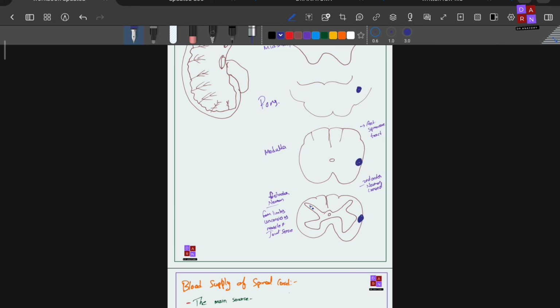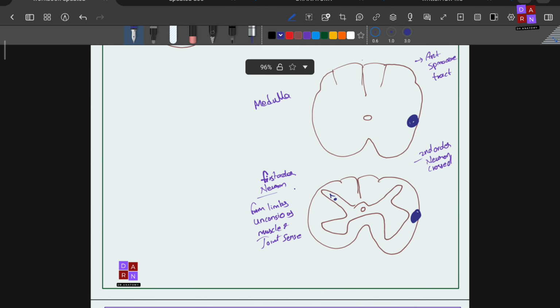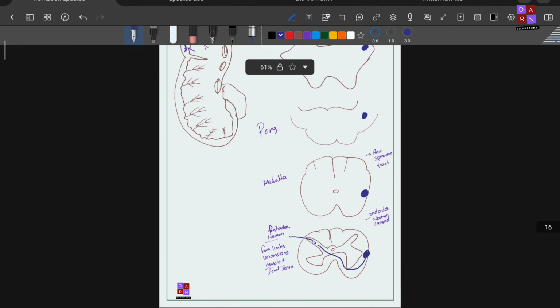The first order neuron enters the posterior horn of the gray matter of the spinal cord and crosses through the central canal. It ascends in the ventral spinocerebellar tract in the lateral part of the white column of the spinal cord and enters the medulla.